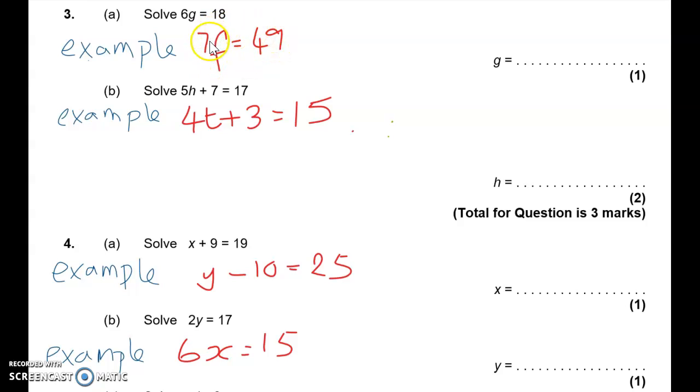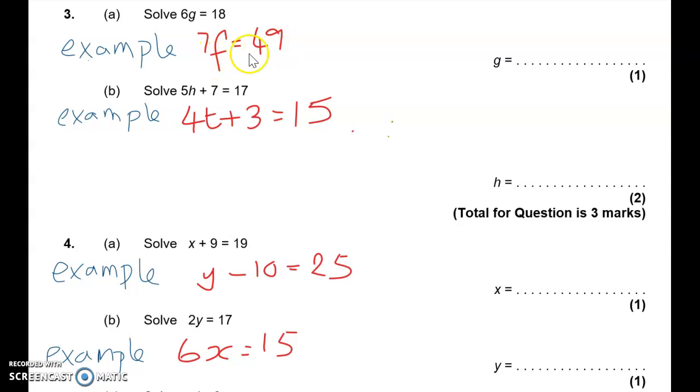The other thing to see here with this one is we've got 7f. If there isn't a symbol between 7 and f, it's telling you to multiply. Now you may be able to just see that 7 times a number gives me 49 by knowing the times tables, but I want to teach you a way of doing this where you can use the inverse to always find the answer.